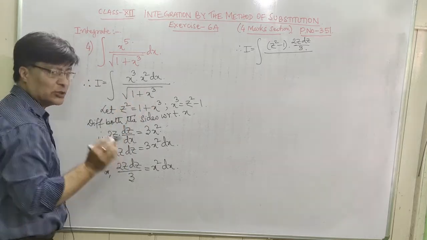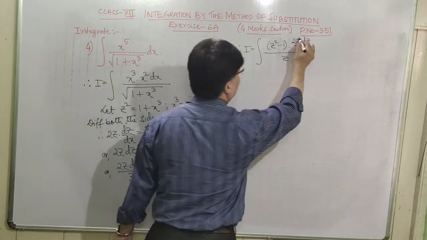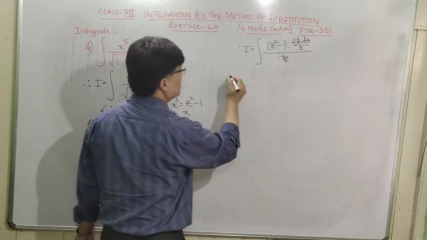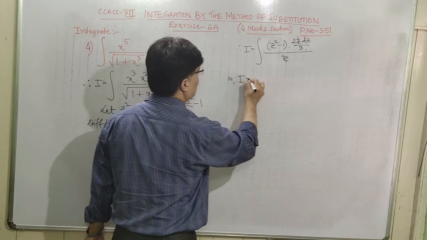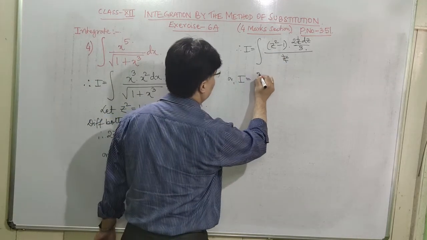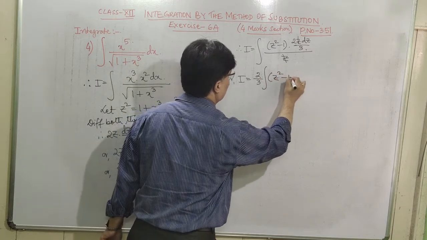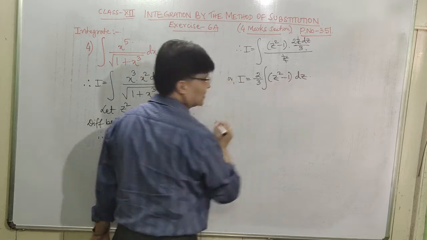So what is root over z square? It is z. So the z gets cancelled. So I is equal to the constant term 2 by 3, you can take it outside, so it is 2 by 3 integral of z square minus 1 into dz.